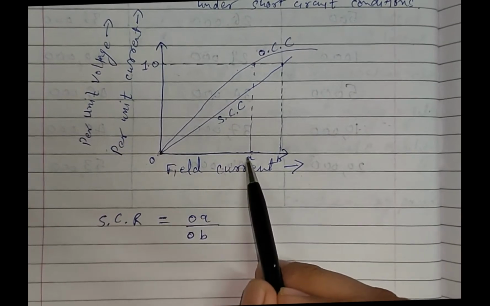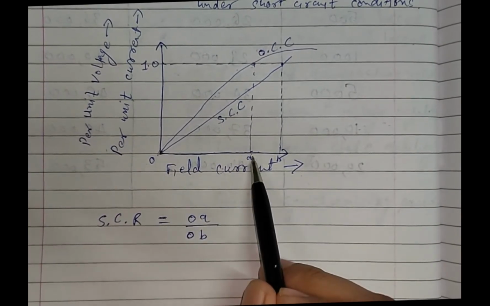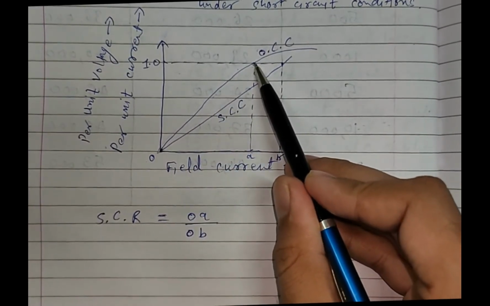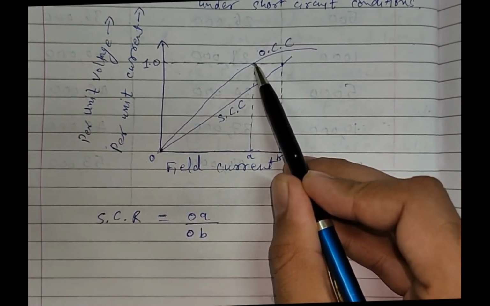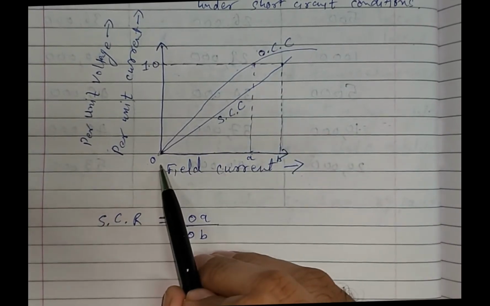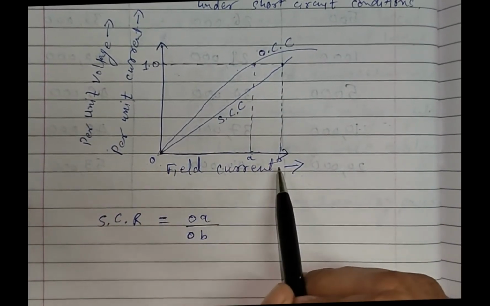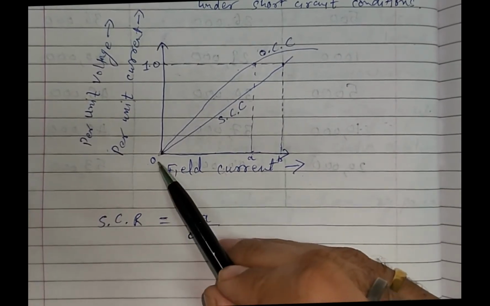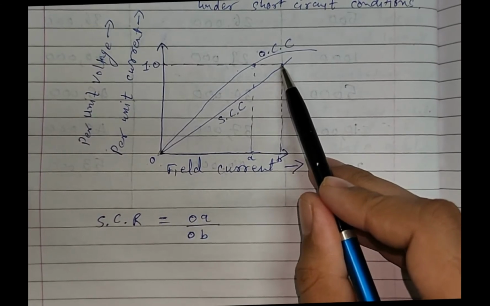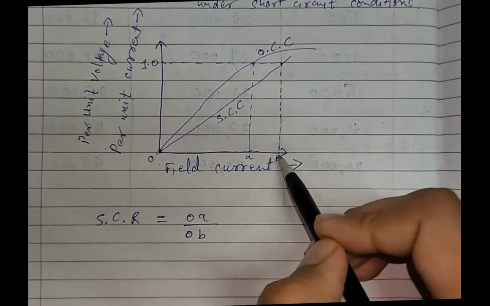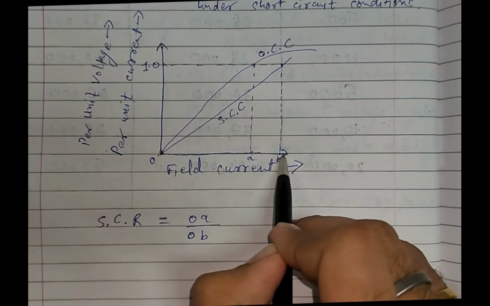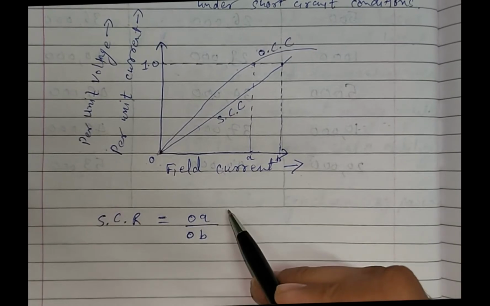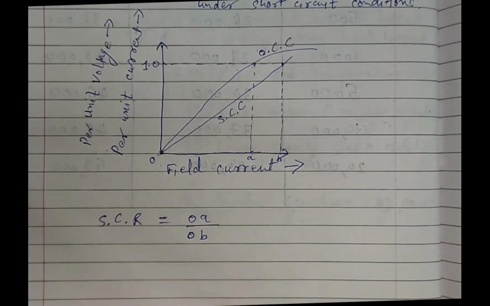So the excitation current or the field current which is required to reach the rated voltage in the stator winding under no load condition, divided by the excitation current, or let's say the field current, required to circulate the rated current under short circuit conditions. So that is the excitation current, that is OB. So the SCR is nothing but OA by OB.